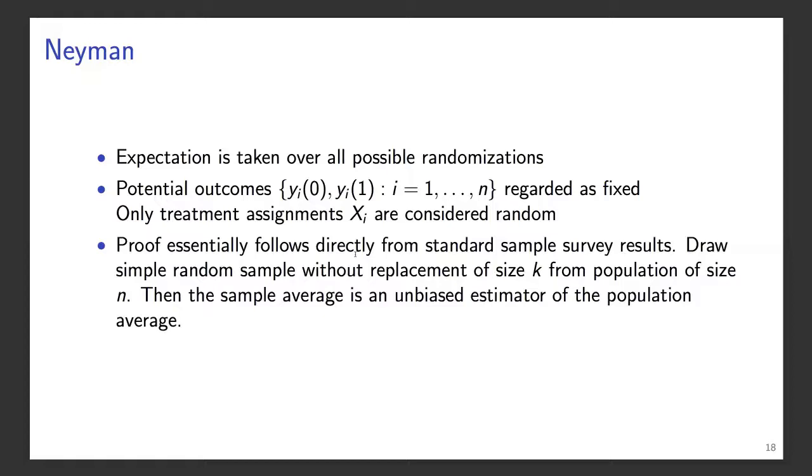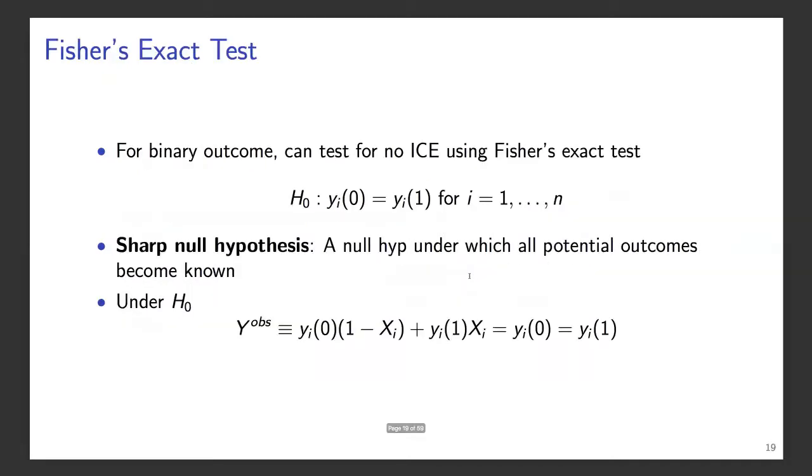We know from survey sampling that if you take the sample average from a simple random sample without replacement, that gives you an unbiased estimator of the population average. So you can leverage that standard survey sampling result to derive Neyman's result.